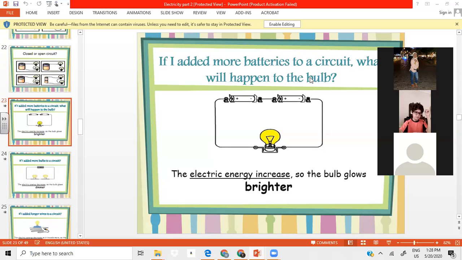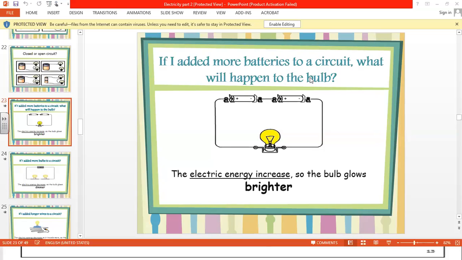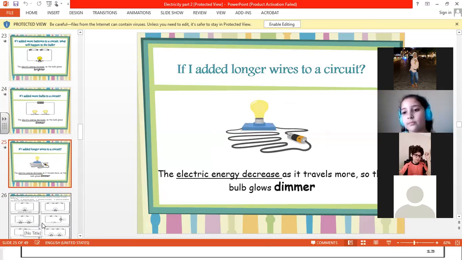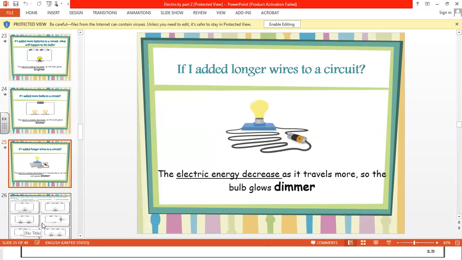Brighter. Yes, brighter. But if you added more bulbs, it will light dimmer. If you used a longer wire, it will light dimmer because it will take too much time to reach the load. But if you use a shorter wire, it will light brighter.